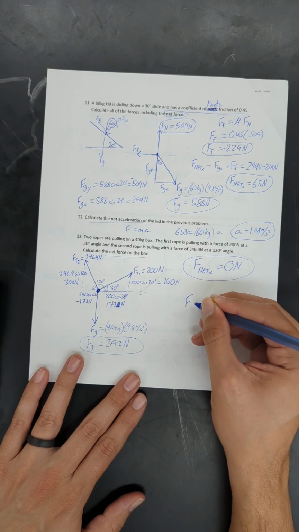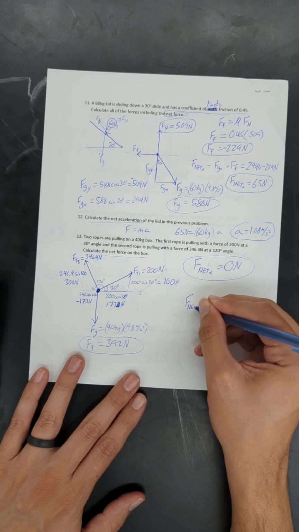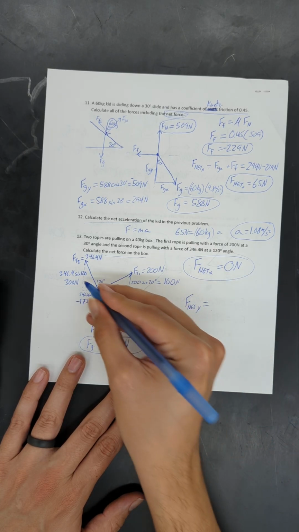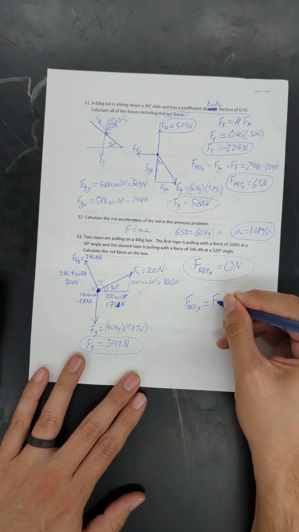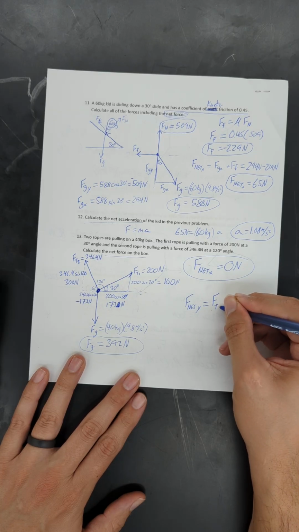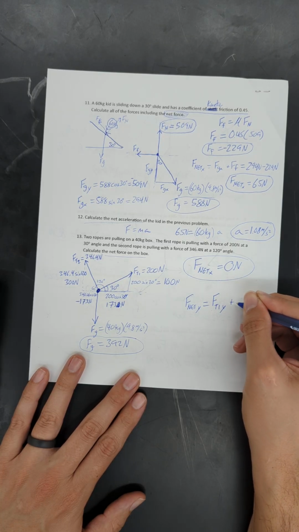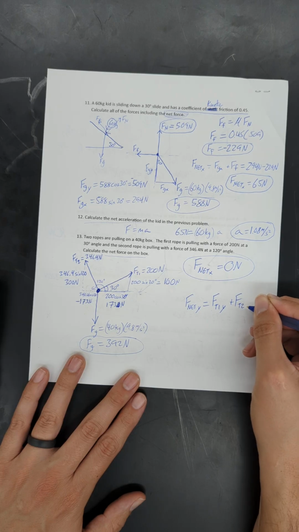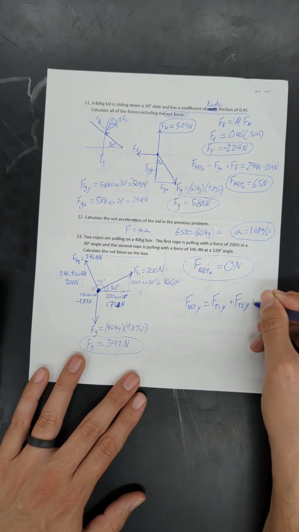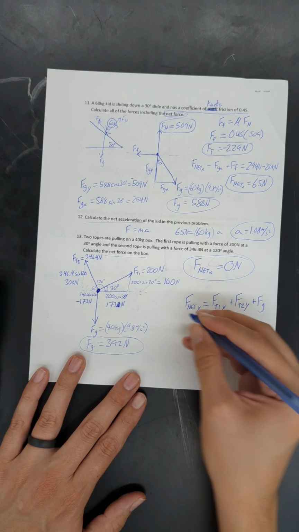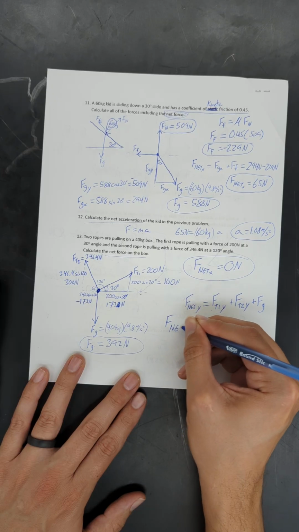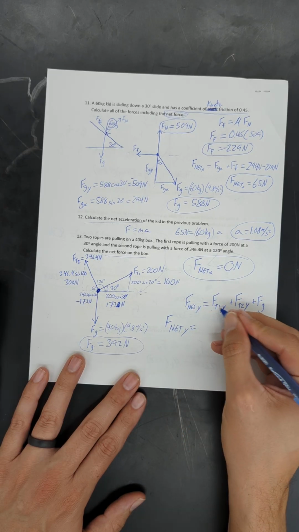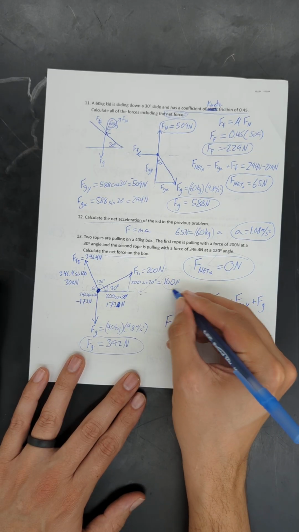Lastly, we are going to take a look at F net y. That is going to equal force of tension 1 in the y direction plus force of rope 2, tension 2 in the y direction plus force of gravity. All right, let's finish this one up strong. Force of tension 1 in the y direction was 100 newtons.